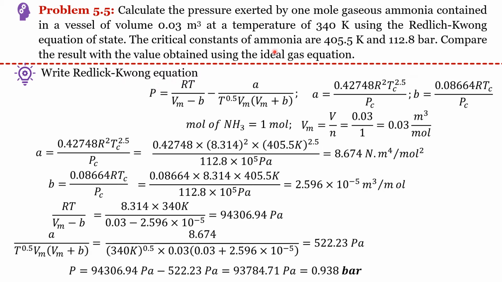Now we need to estimate the pressure using the ideal gas equation. One thing is confirmed: when we use the ideal gas equation, the estimated pressure will come out more than this pressure, because in the ideal gas we do not consider van der Waals interactions.